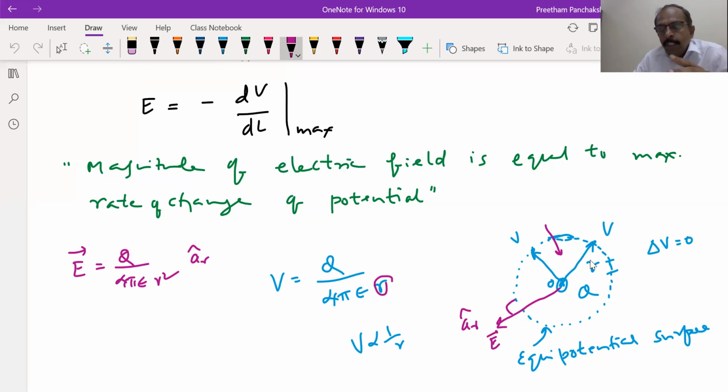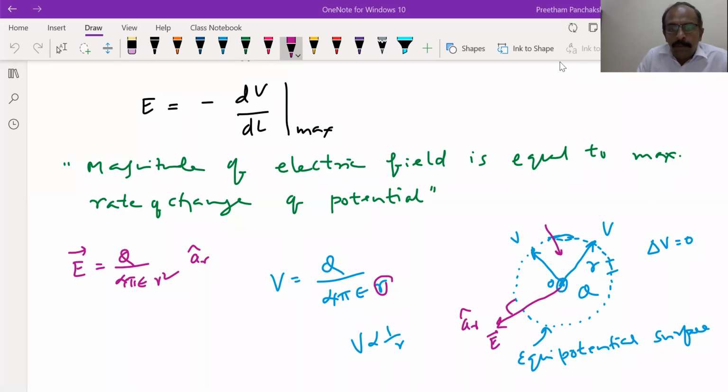So maximum change in potential, the rate of change of potential, that means the direction of electric field is perpendicular to the equipotential surface. Also, the maximum rate of change of potential occurs perpendicular to the equipotential surface.